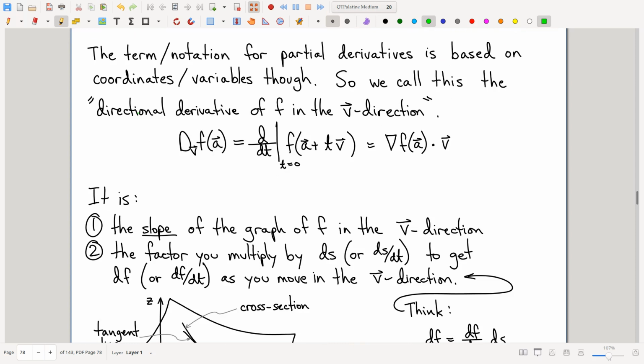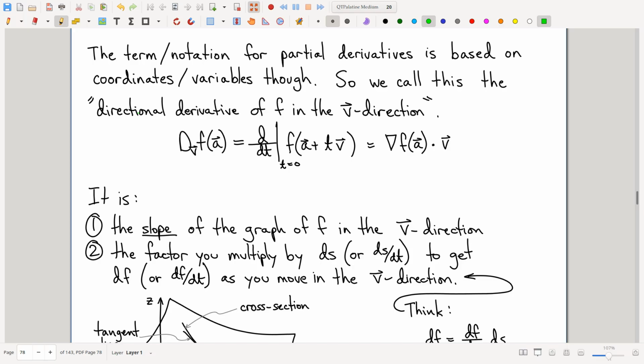Well, the term partial derivative, tragically, we've already settled on that term, partial derivative, being something that comes out of coordinates. Right? We talk about partial derivatives with respect to specific coordinates. So we're stuck with that.